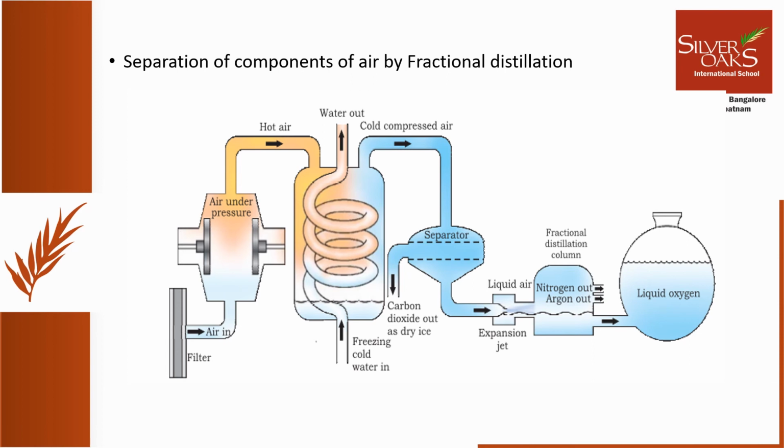Then argon also separates out in the same way from the outlet arranged according to its boiling point. Oxygen, which has the highest boiling point among the remaining gases in the air, remains as liquid oxygen and can be transferred to another container.